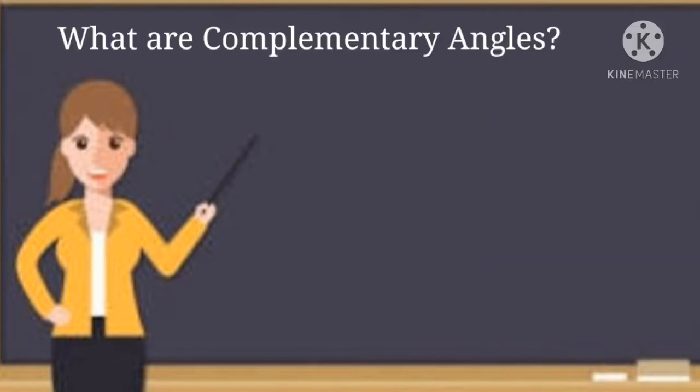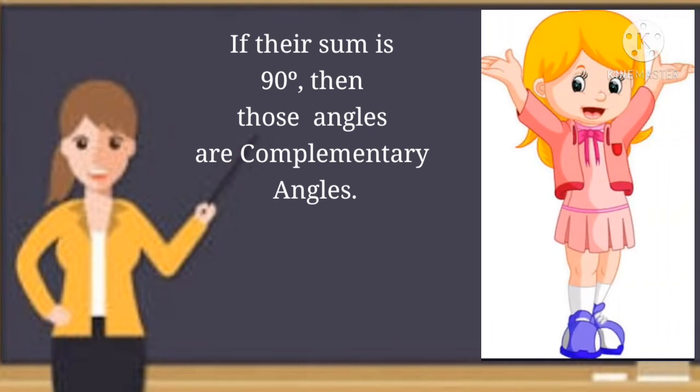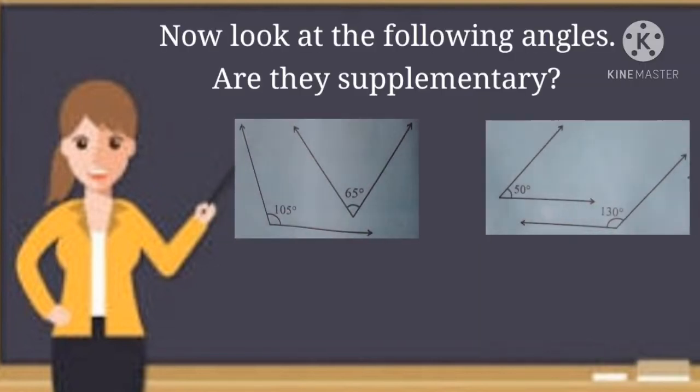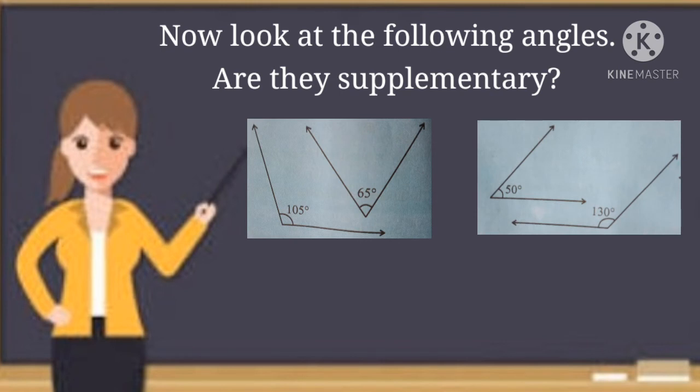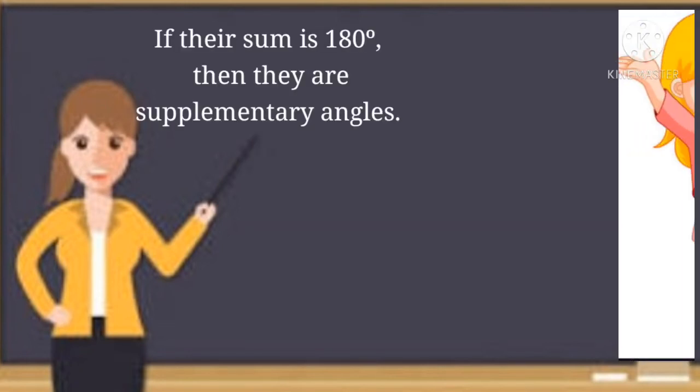Children, what are complementary angles? If their sum is 90 degrees, then those angles are complementary angles. Yes, you are right. Now look at the following angles. Are they supplementary? You know when they are supplementary.